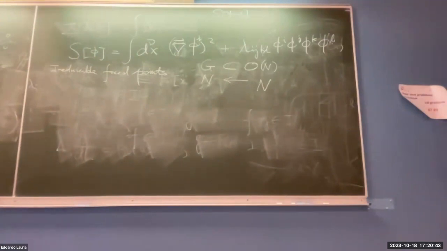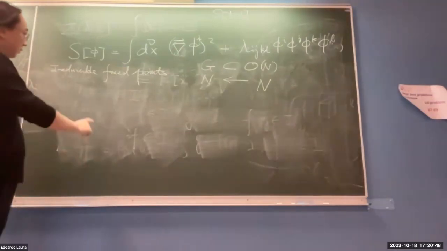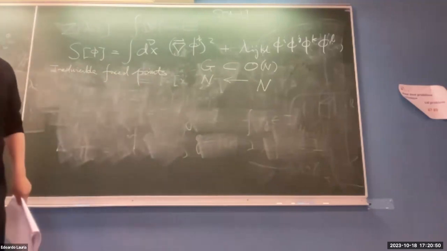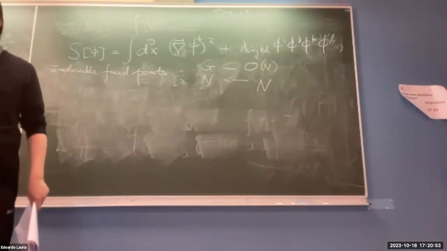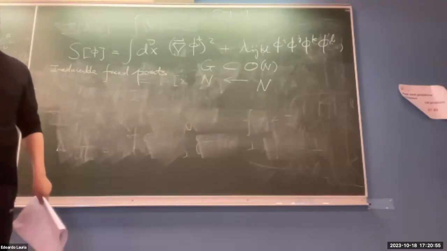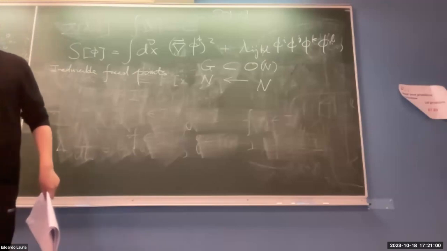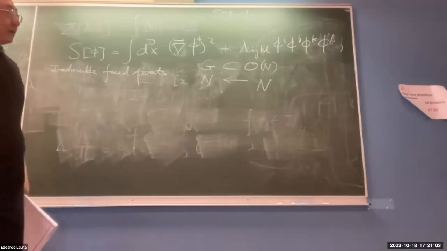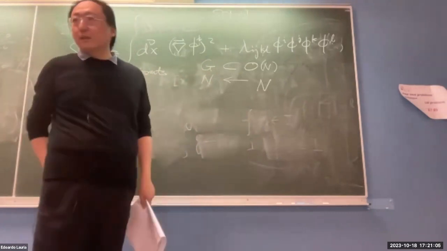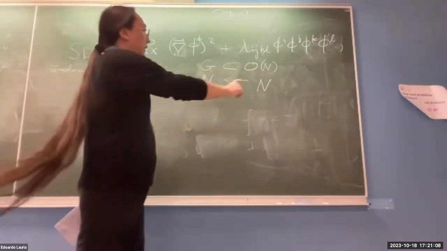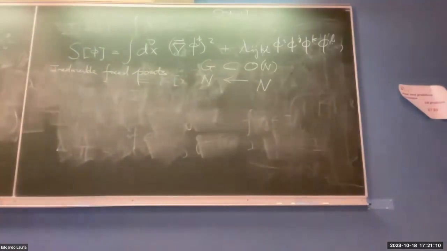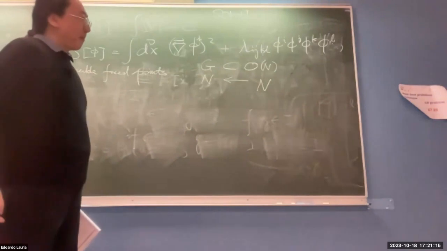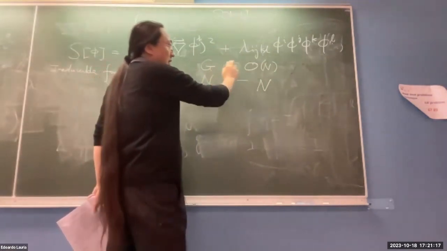My fixed point can preserve some group symmetry, like the Ising model, which preserves Z2, or the cubic model, which preserves the sign permutation group. This group would be the symmetry of your solution, and it is a subgroup of O(n).